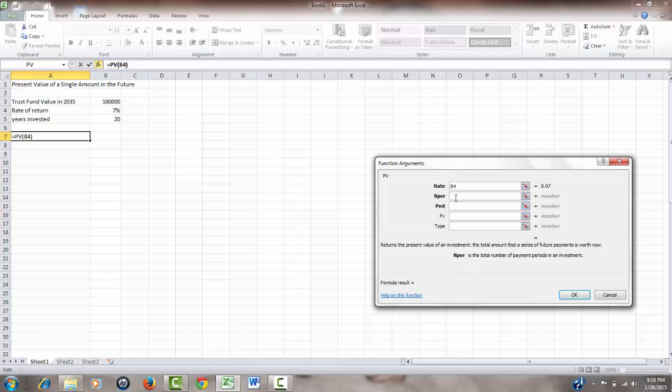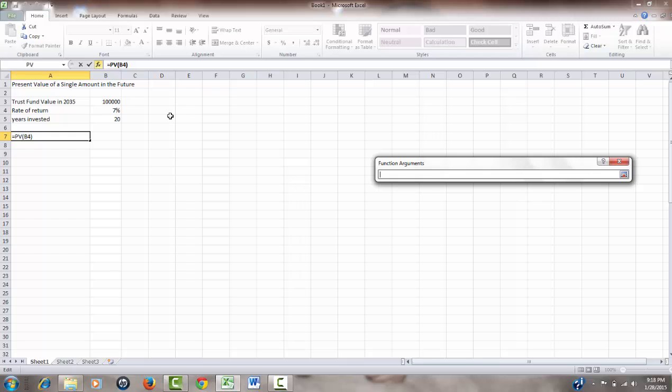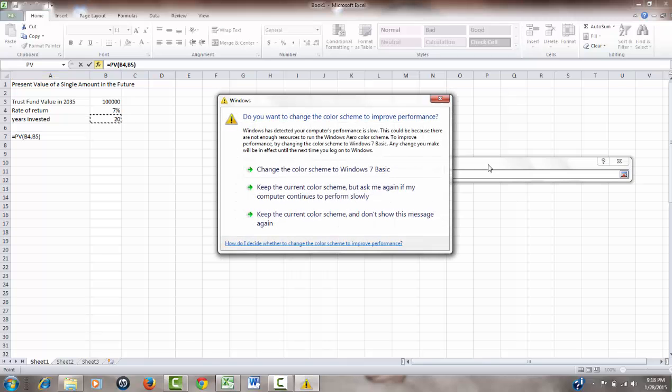My NPER is the number of periods that this is going to be invested for. We're going to go with the assumption that it's compounded annually over 20 years. In that case, if I click on the box next to it, I can click on the 20 years invested.